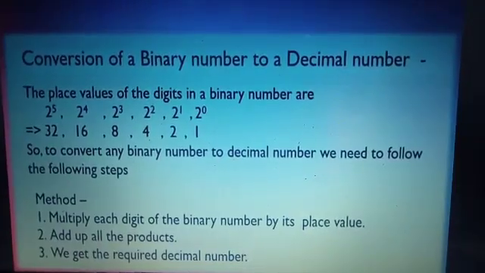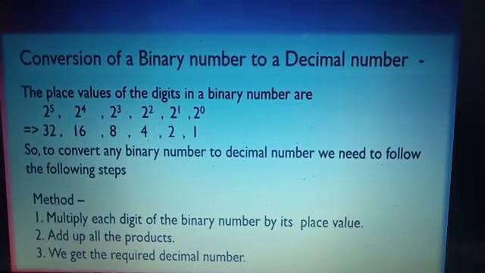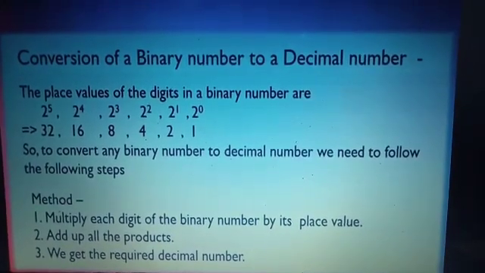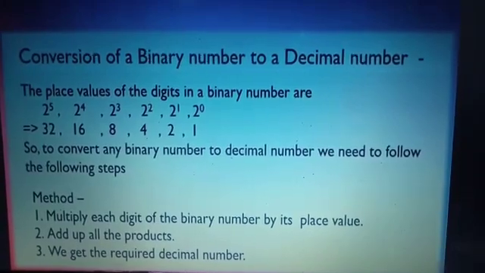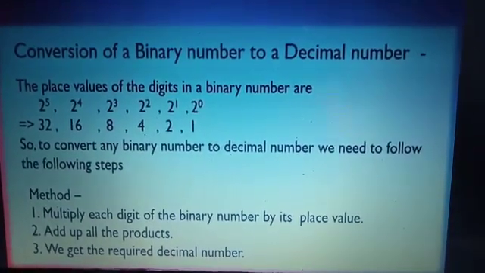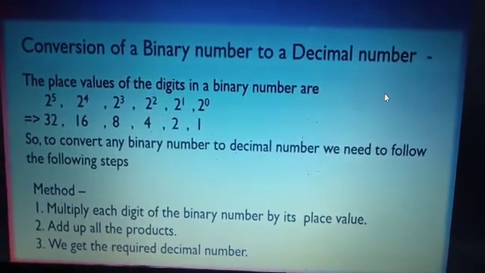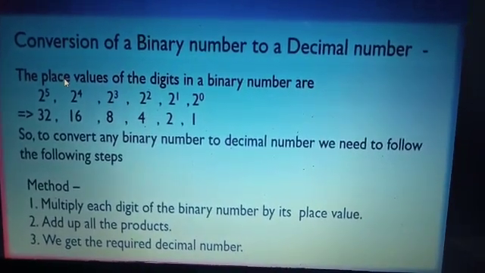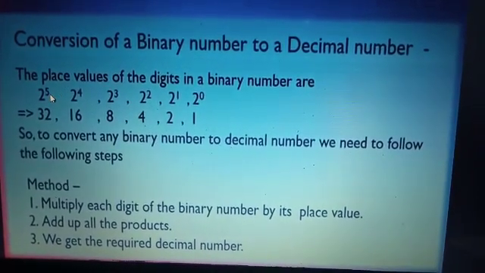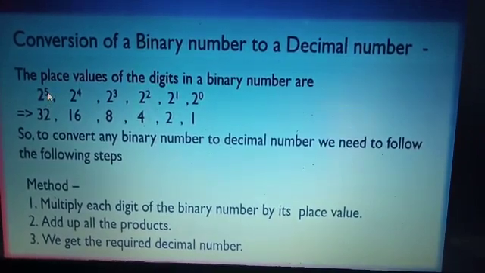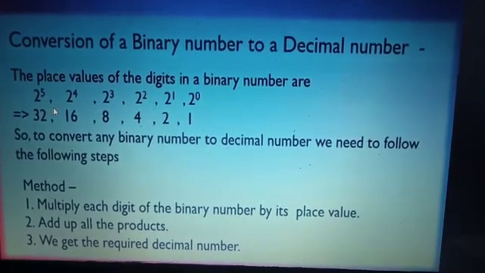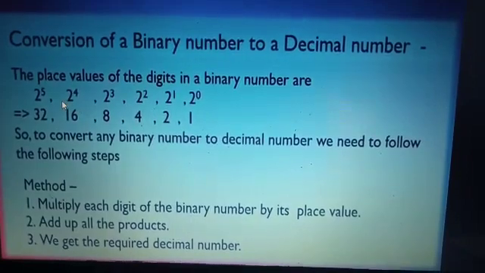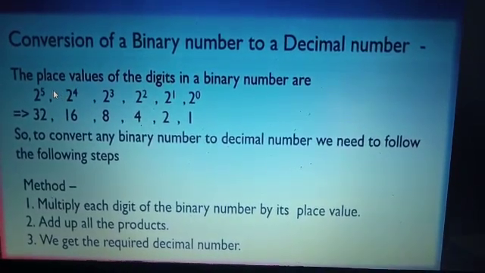Next we study conversion of binary number to a decimal number. Before, we studied decimal to binary. Now we study binary to decimal. The place values of the digits in a binary number are: binary base is what? 2. 2 raised to 5. See that 2 is given, and you have to write the powers from the right side.